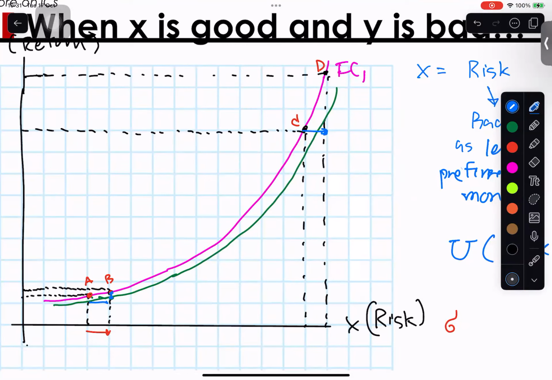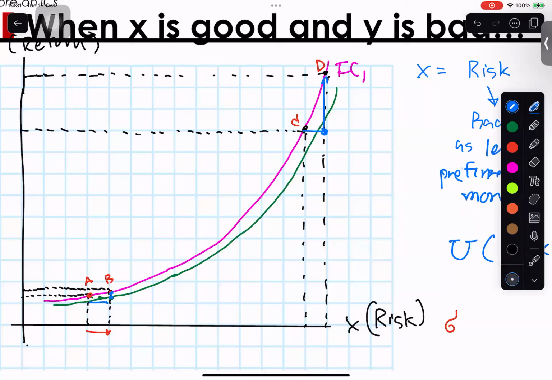But as his port has already become very, very volatile, he said that to do so, please give enough compensation for this higher risk by making the port get a lot more return, so he will get back to the same level of utility. That's MRS. Yeah. So MRS is increasing in this case.